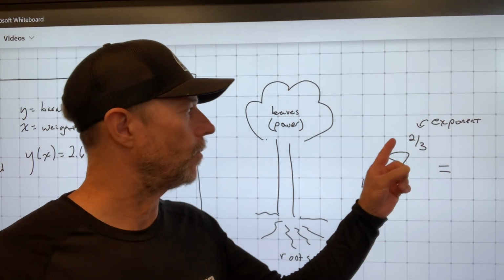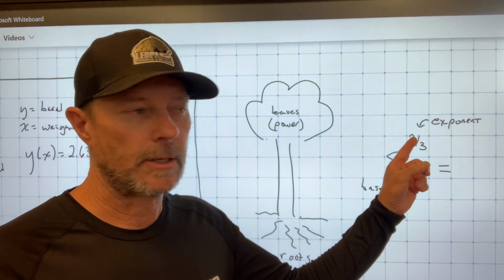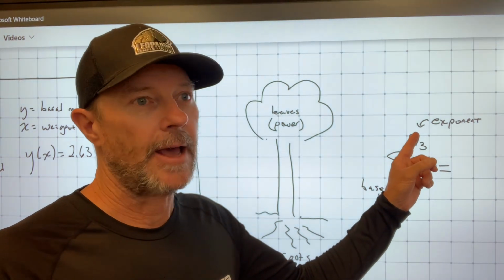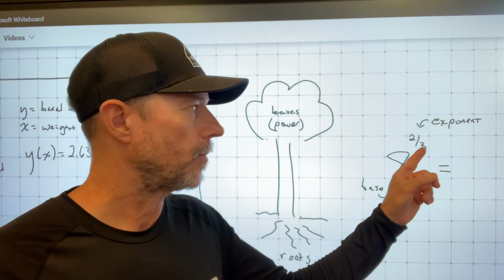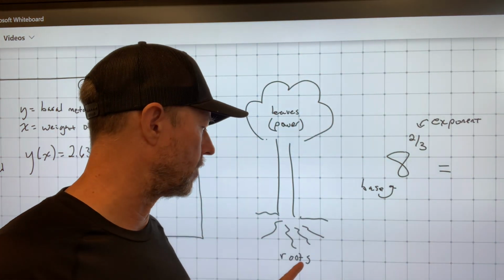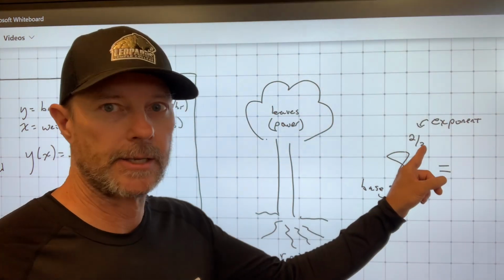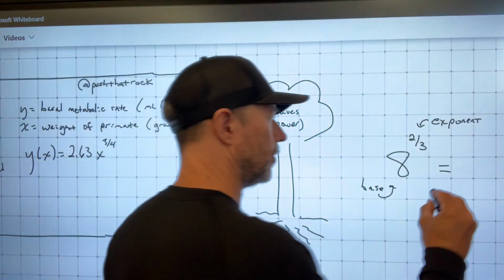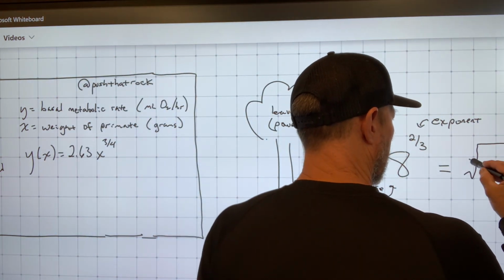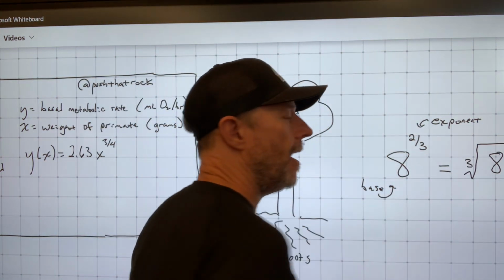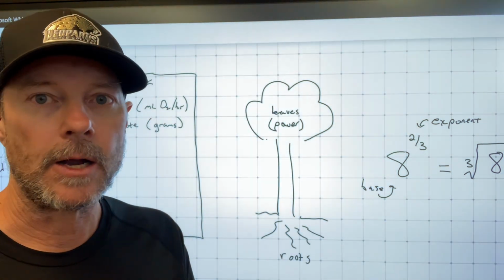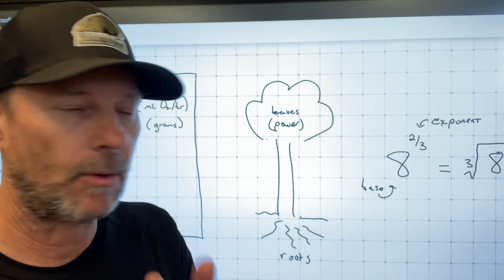It turns out that one of these numbers is a power or exponent, and the other one is a root. And you guessed it, the root is the one in the bottom. So 3 is the root. So we're taking the third root of 8, and then we are raising that to the second power.